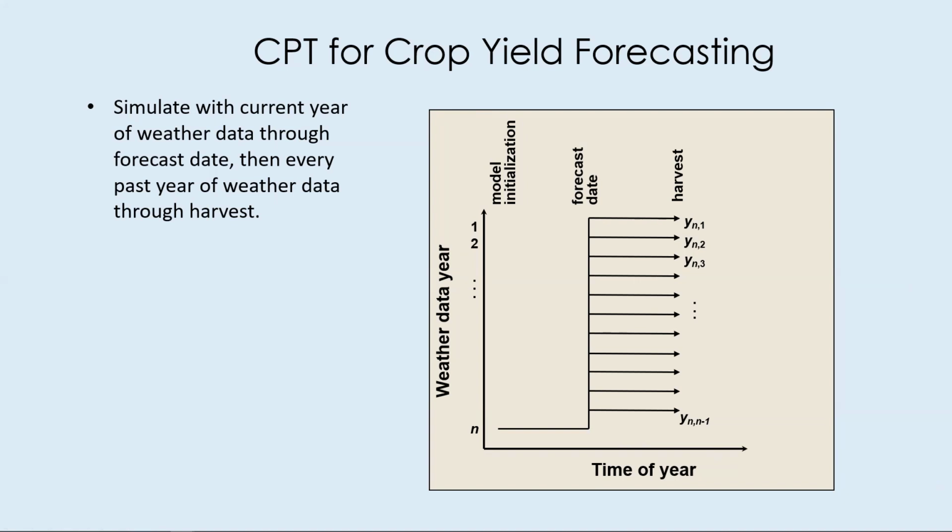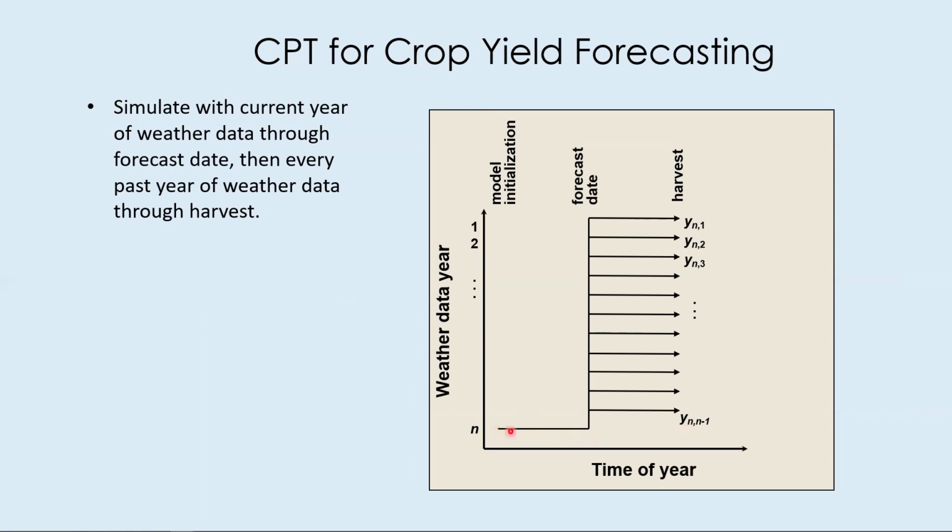For the rest of the season, we use historical weather data for the same location. If I have 30 years of historical data, I select those weather data one by one and complete the season from the forecast date to the end. Those are historical: last year, previous year, earlier years. So I have those data.